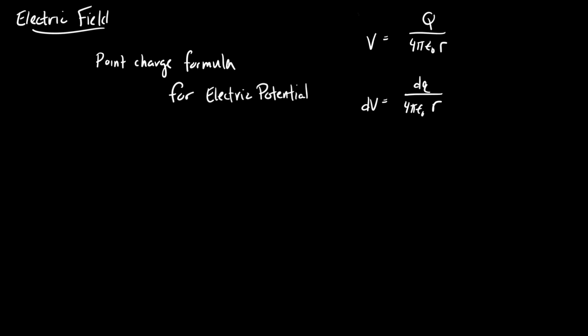So just like with the electric field, I can deal with point charges, just add them up. Or I can deal with a distribution of charges. It works for both. So this will handle point charges and distributions of charges.